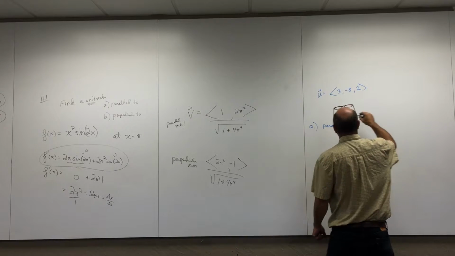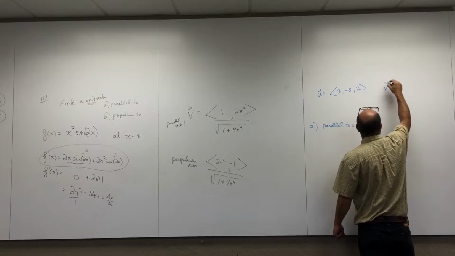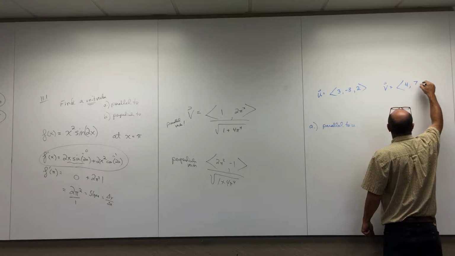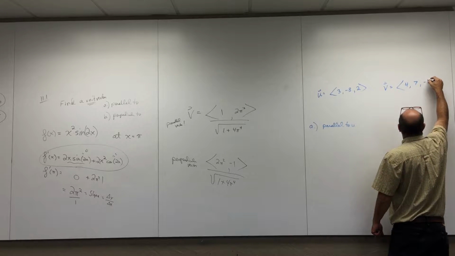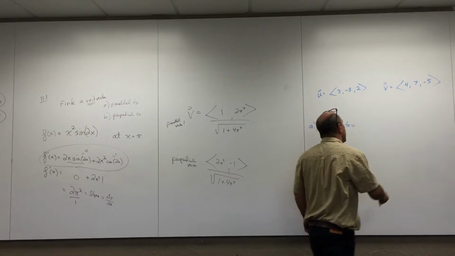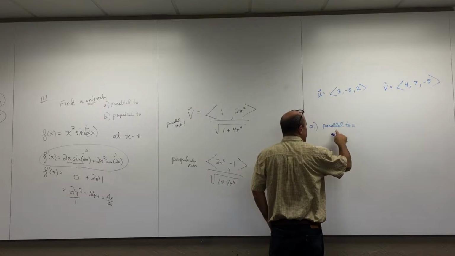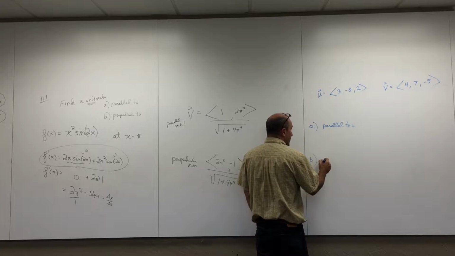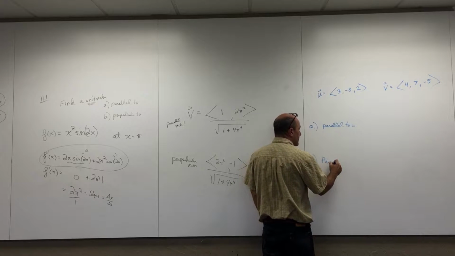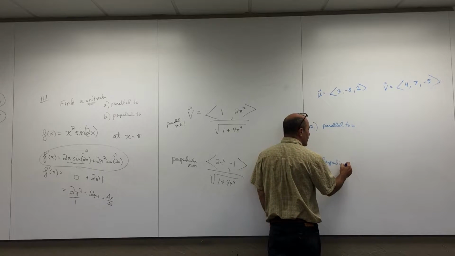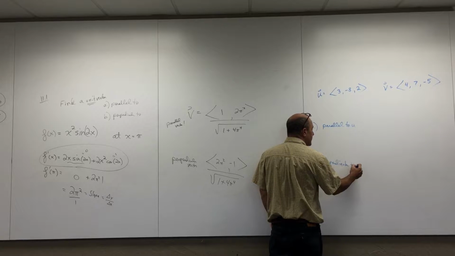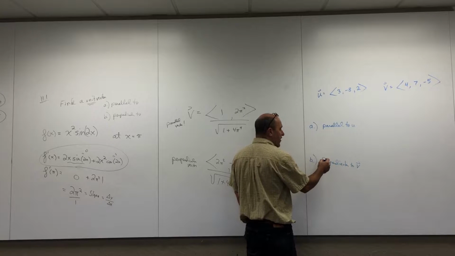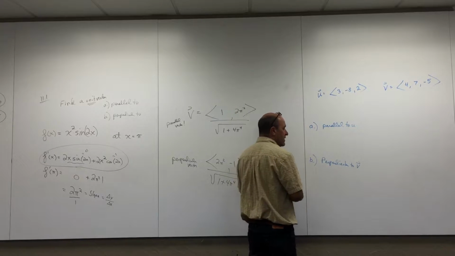And let me give you another vector, v. Part A is asking for something parallel to u. Part B wants something perpendicular to v, and maybe I'll use the word orthogonal. I think that's more appropriate, but perpendicular or orthogonal, either way, same meaning.